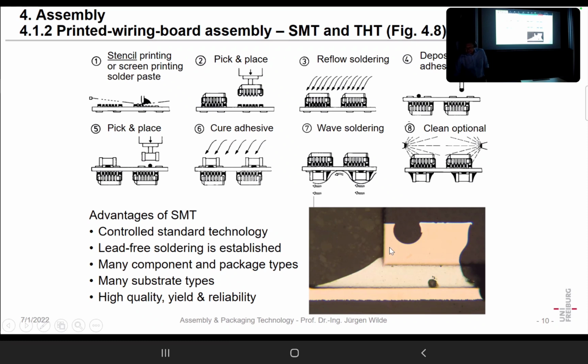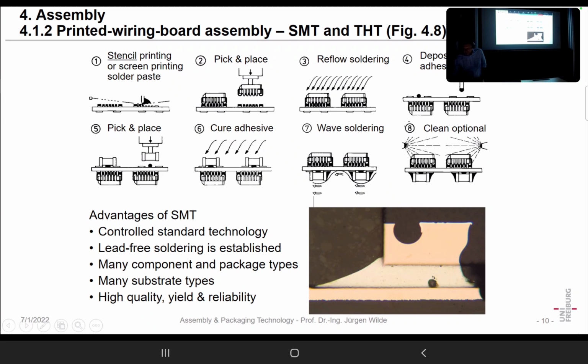Here we see a cut through the edge of a chip scale package, and we can see the wetting angles here. They are relatively small, narrow angles, and narrow angles always show us that there was a good wetting in the process.